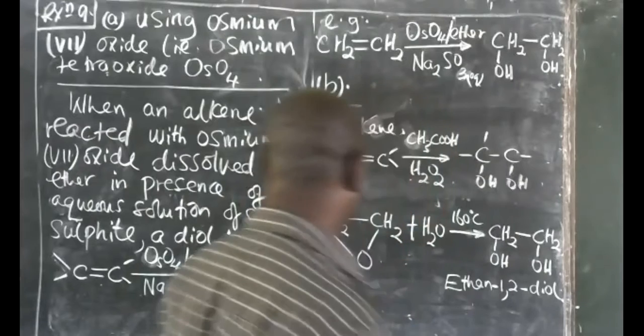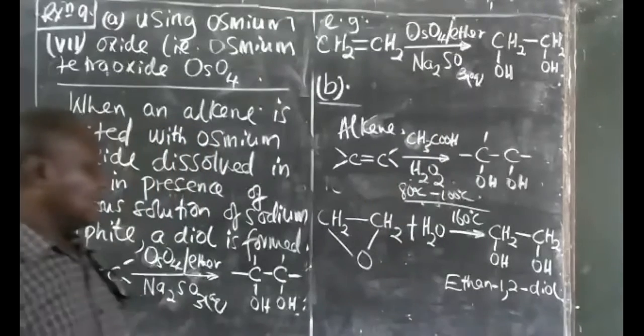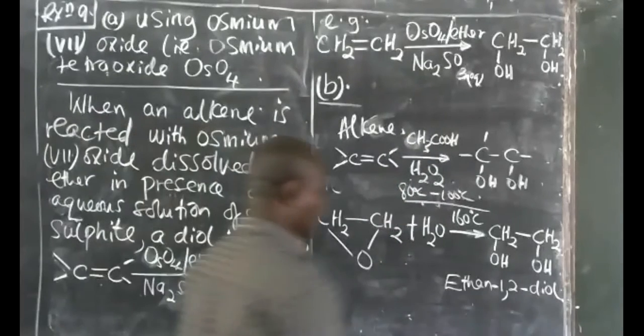In this case, temperatures should be between 80 degrees centigrade and 100 degrees centigrade. Still, you end up with a diol.